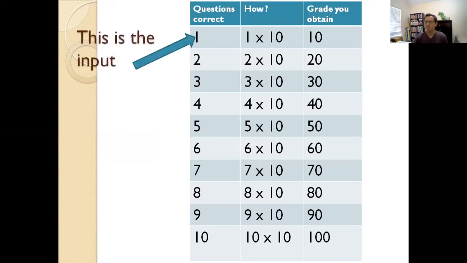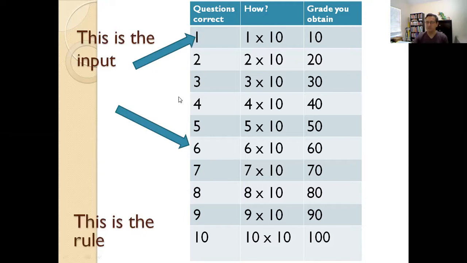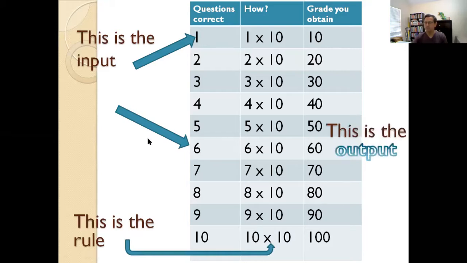One more time. Vocabulary for the lesson. Input. That's the input column. This is the rule in the middle. We also call it the numerical expression. 1 times 10 is 10. That's the numerical expression. Remember, in the center is the rule. And this is the output.